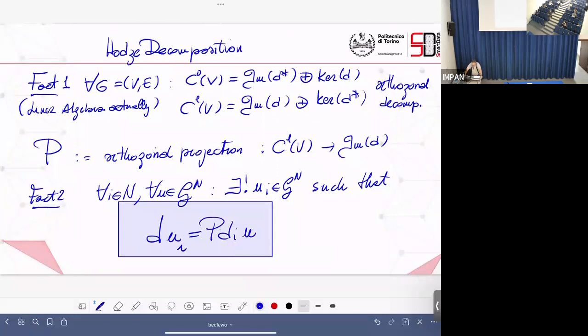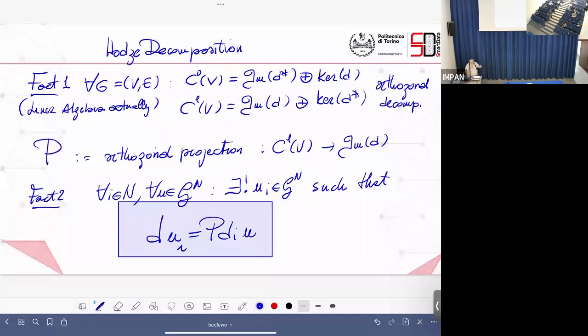It's really linear algebra over a characteristic zero field. Very, very super basic things, okay? In any case, what is important is the interpretation. And practically, it is clear that using this decomposition and taking the orthogonal projection on the image of the differential, you can express the d_i of u as a differential of something. And you call this something u_i.